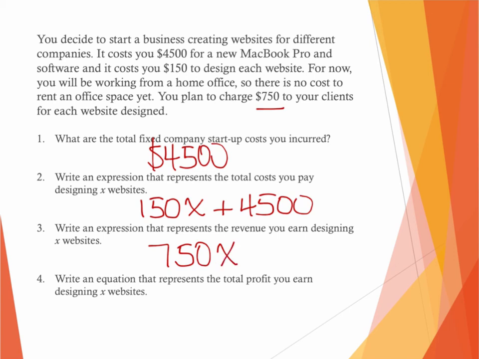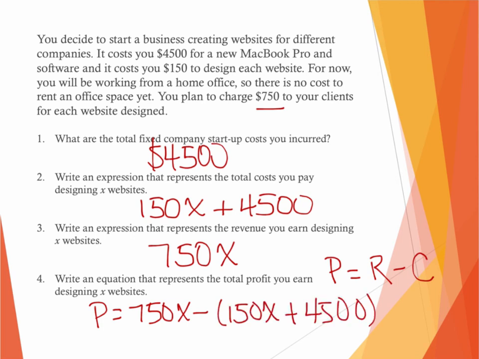Next, we want to write an equation that represents the total profit you earn designing x websites. So profit is equal to the revenue, the amount of money that we bring in, minus the cost. So profit here is 750x minus my total cost, 150x plus 4,500.